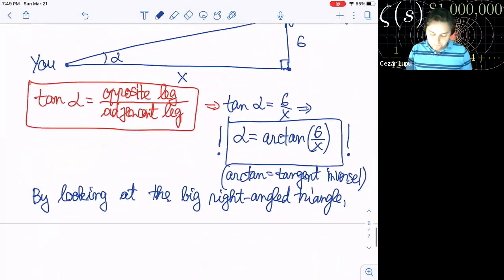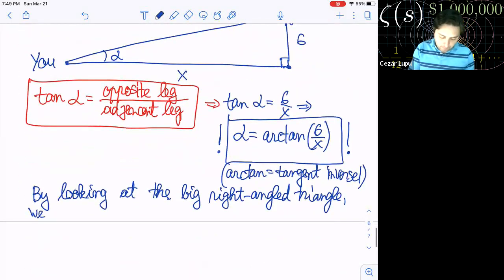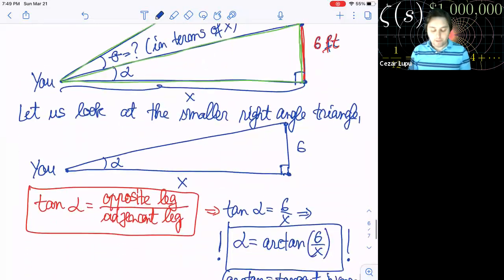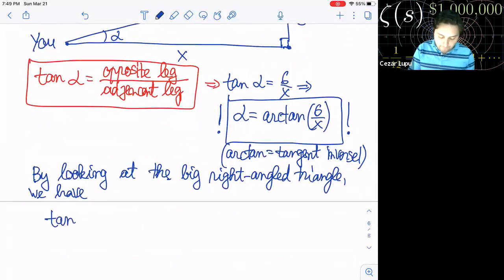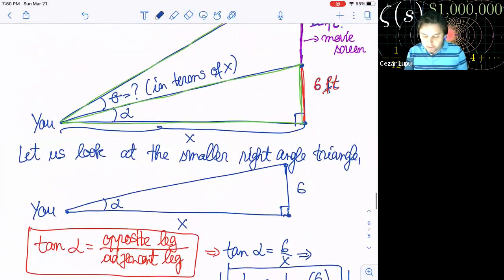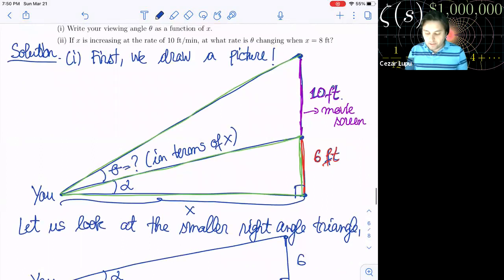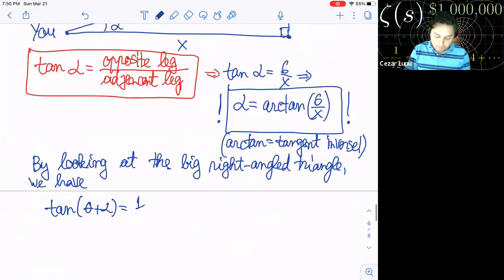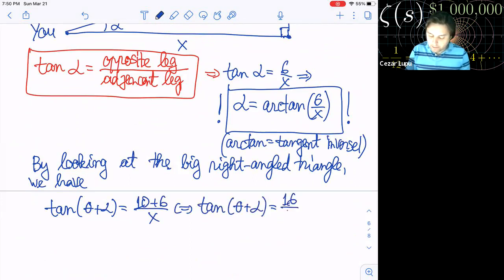So let's look at the triangle. We have the tangent of theta plus alpha. Exactly. So it's a tangent of theta plus alpha is what? Is the opposite leg, which is 10 plus 6, which is 16, over x. Or equivalently, we can write a tangent of theta plus alpha is 16 over x.